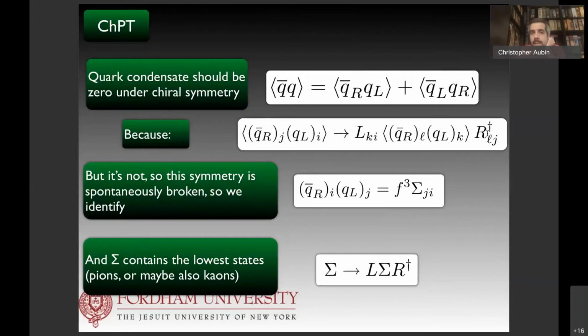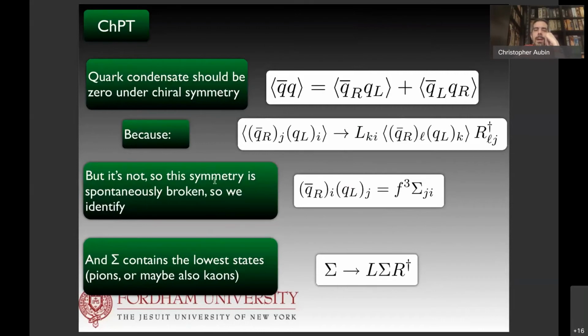And so if the mass is 0, this expression on the left-hand side should be 0, because under a transformation, it's not invariant. Just like if you have a good rotation symmetry, then a term that only depends on the y direction should vanish, because if you have perfect rotation symmetry, then nothing should have a preferred direction. Same thing here. But we see that, in fact, this quark condensate is non-zero.